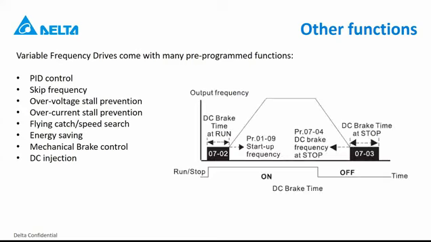What this does is inject a current into the motor, which makes sure that the motor develops enough torque so that as soon as you release the mechanical brake, the load does not sag or pull on the motor in the opposite direction.